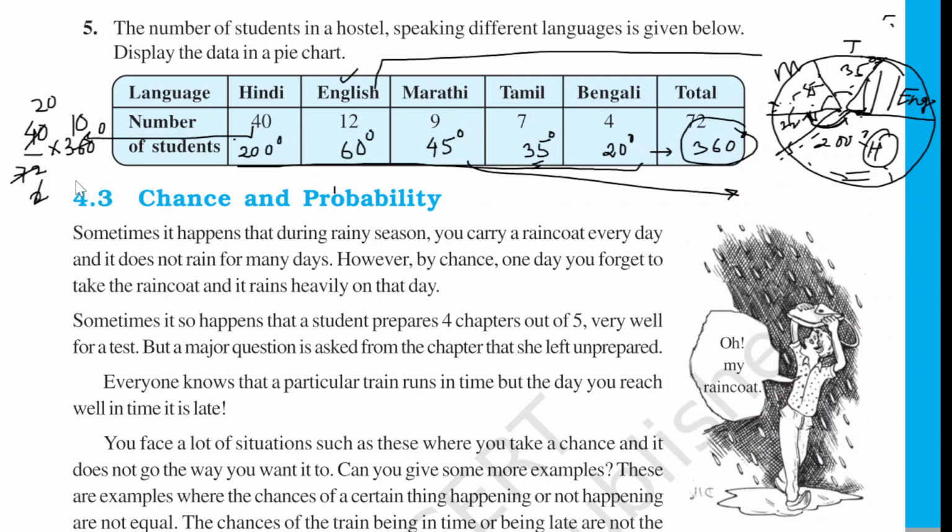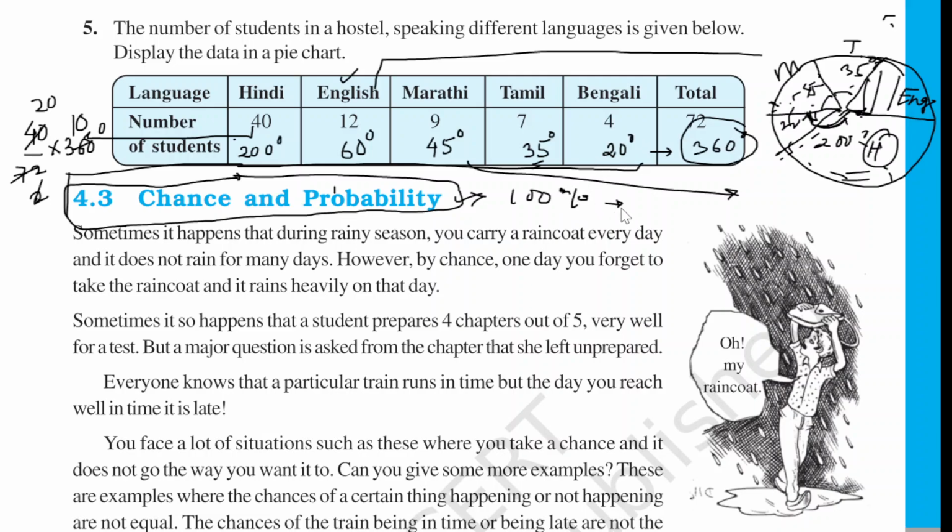Next we have chance and probability. What is the probability that you will go to school tomorrow? 100%? No. But if you have a fever, the chances are 50-50%.